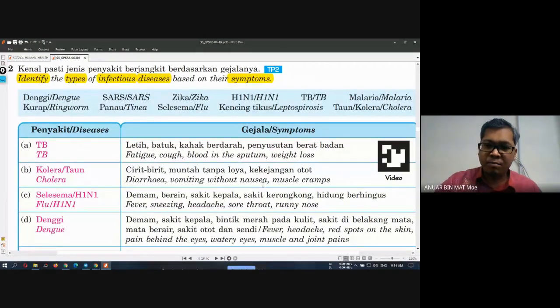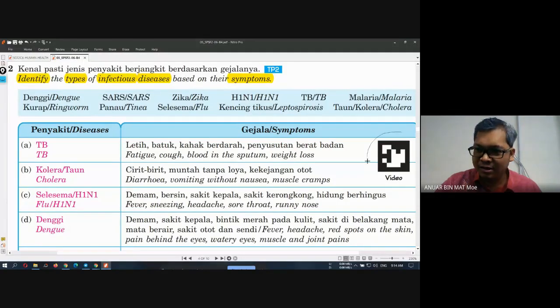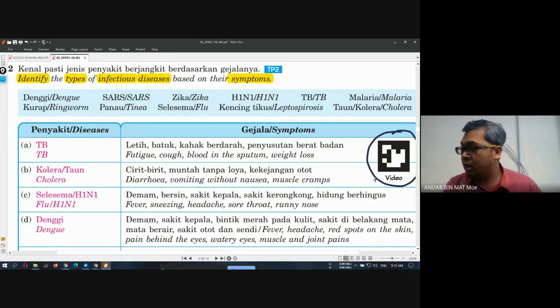Before that, have you already looked at the video here? In order to watch the video, you need to download the app first, and the app is a little big. The size of the application is a little big. But never mind, if you want to see the video and other additional information on the workbook, you can download it.